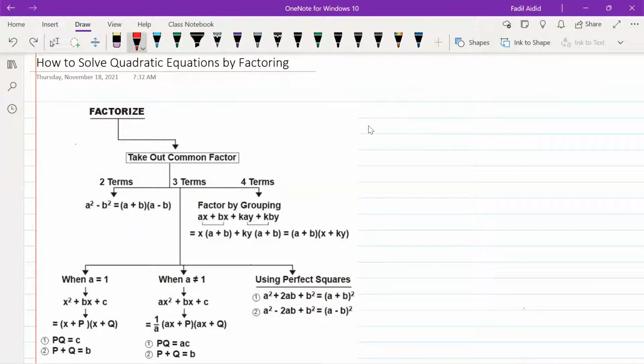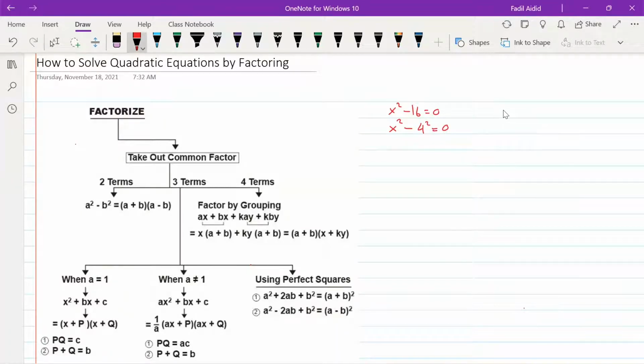For example, if you have x squared minus 16 equals 0, you can say that x is a and b is 4. Or maybe you can write it like this first: x squared minus, because 16 is the same as 4 squared, so you write 4 squared equals 0.